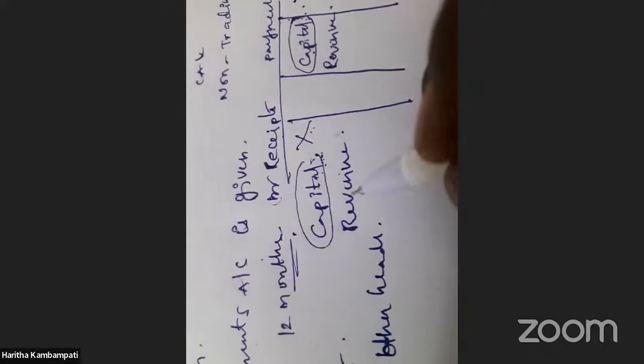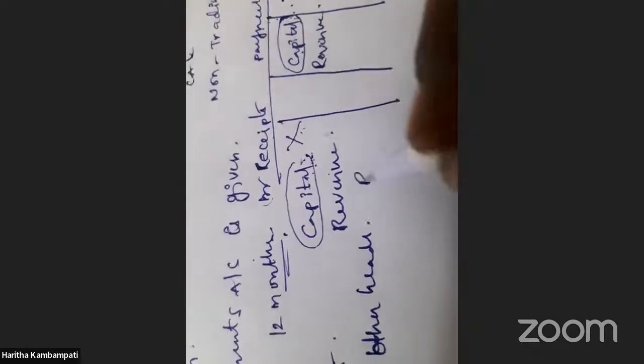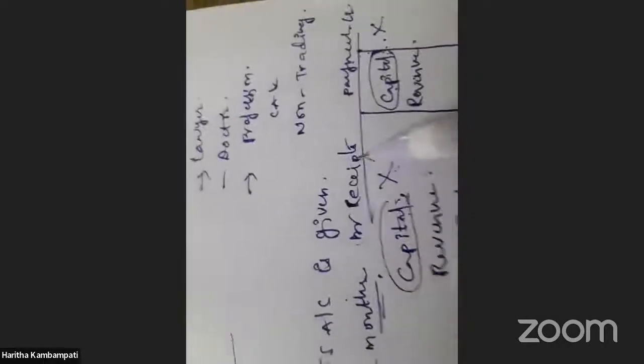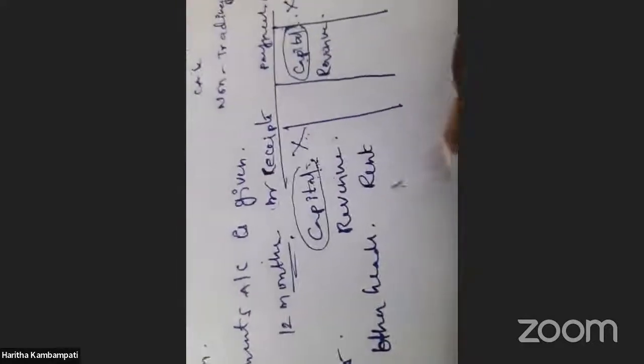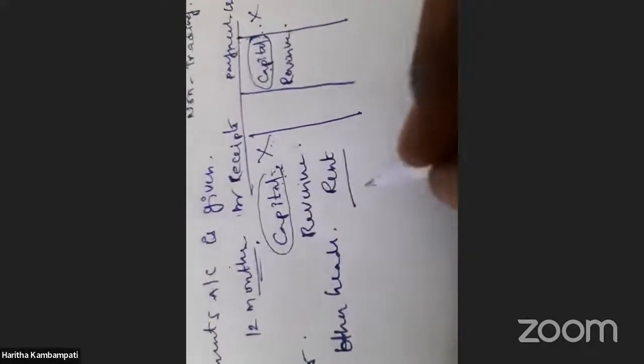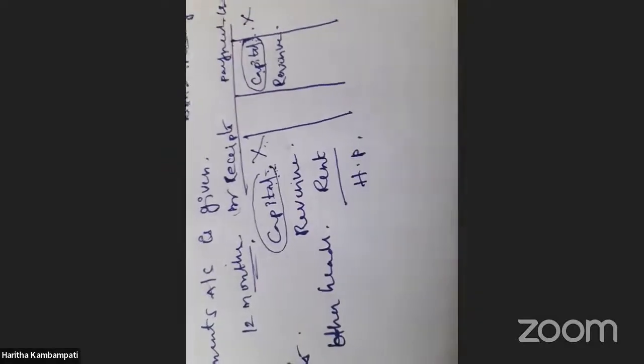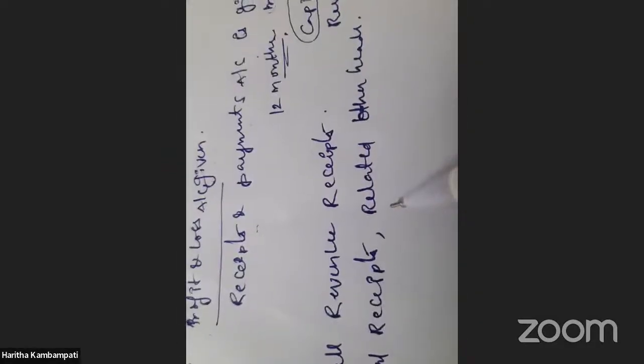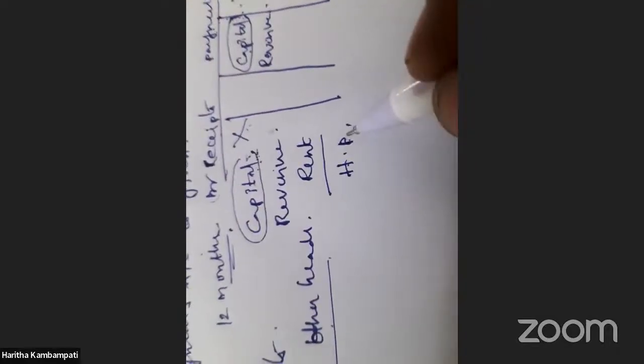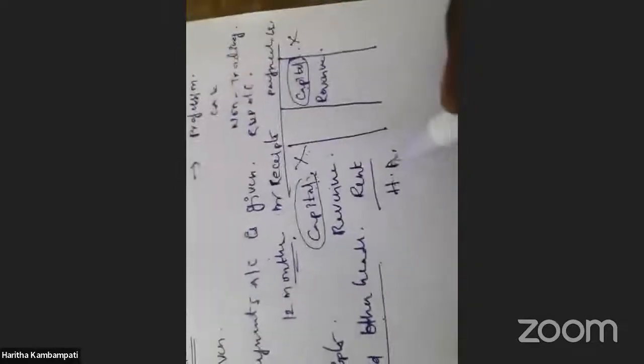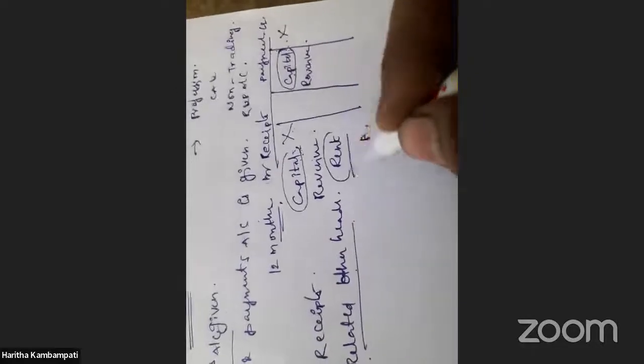Sometimes they may mention rent received in the receipts and payments account. This rent received is considered as income from house property. So we should ignore incomes which are related to other heads. Here rent is considered as income from house property, but they have taken it on the receipt side of the account, so we should ignore this one also.